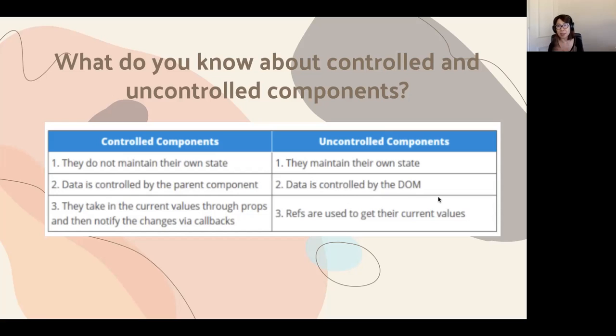Yeah, if we talk about single source of truth, the uncontrolled component comes from the real DOM. So the DOM maintains its own state, versus a controlled component, where React passes state into the value attribute.